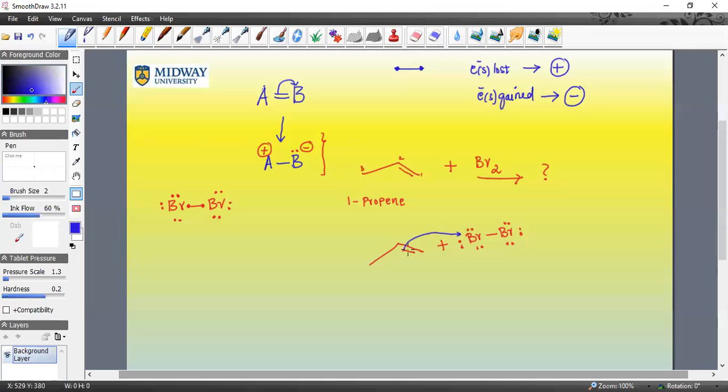You're using this bond to connect this carbon right here to the Br, and one of the electron pairs, the whole pair, gets transferred here. Essentially, bonds can also make a bond, like a bridge.